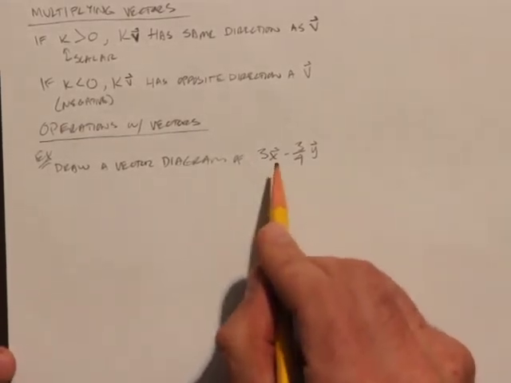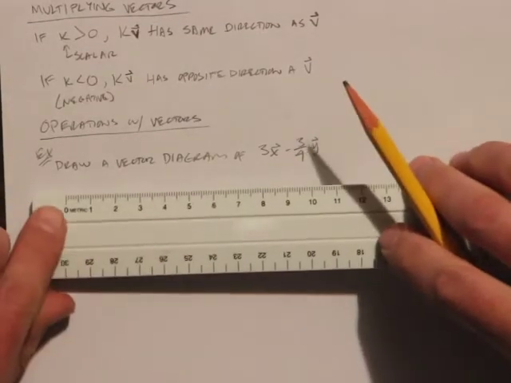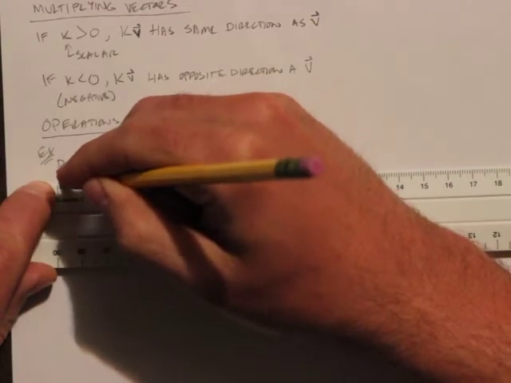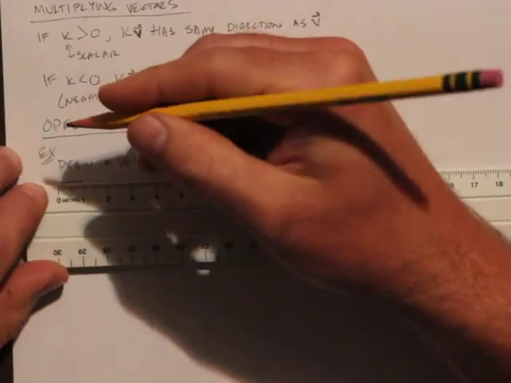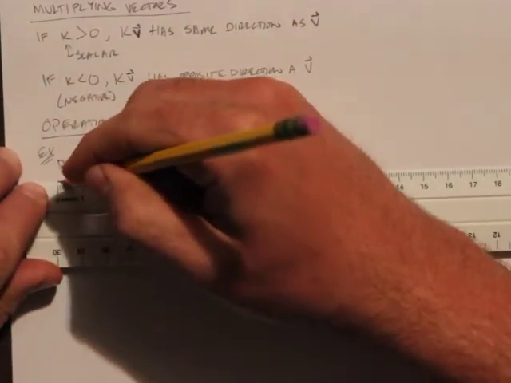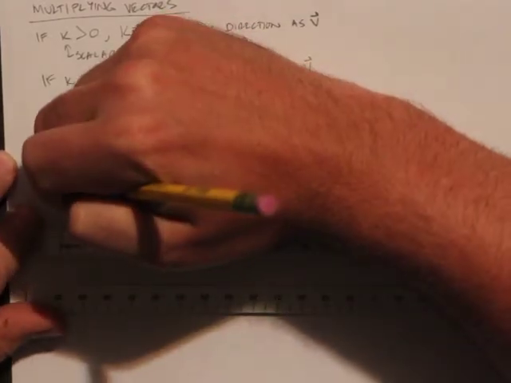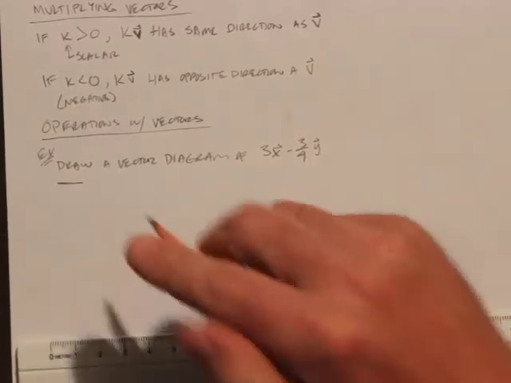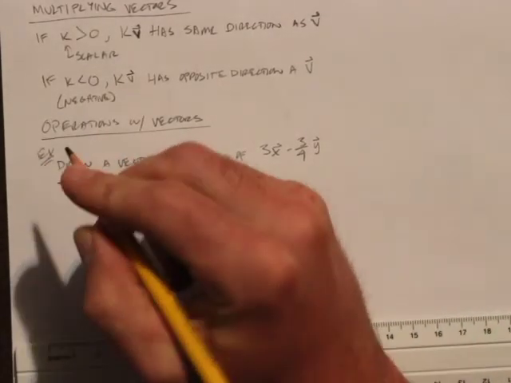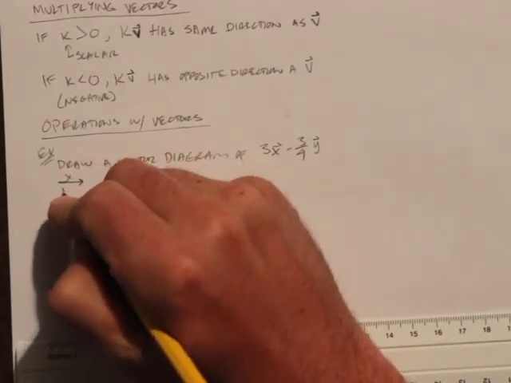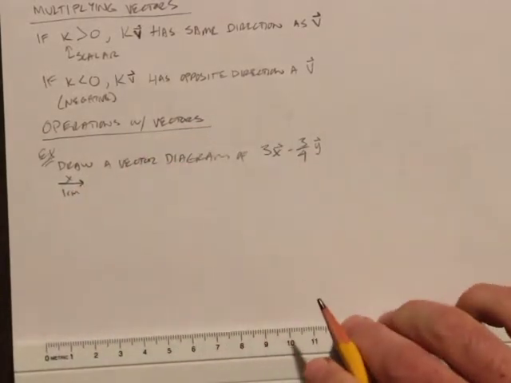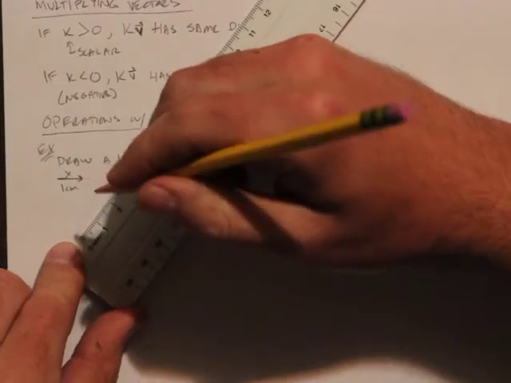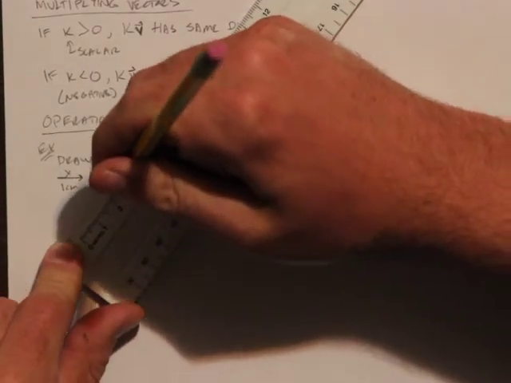All right, you got to know what x and y are though. X is 1 centimeter. And if you don't have a metric ruler, it's okay, you can still just be approximate here. So this is vector x, and this is 1 centimeter. And then vector y is going to be like this, and this is going to be 3 centimeters.